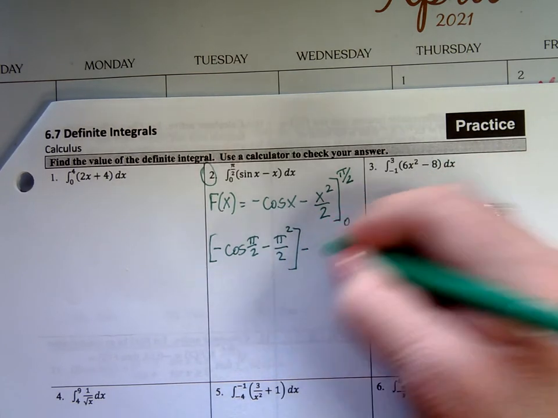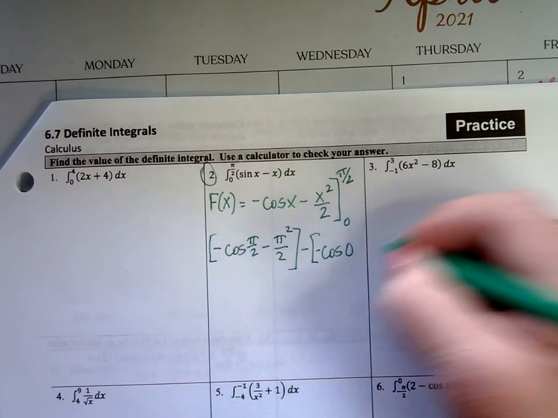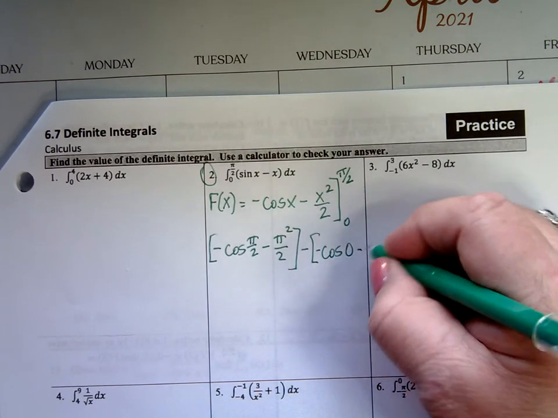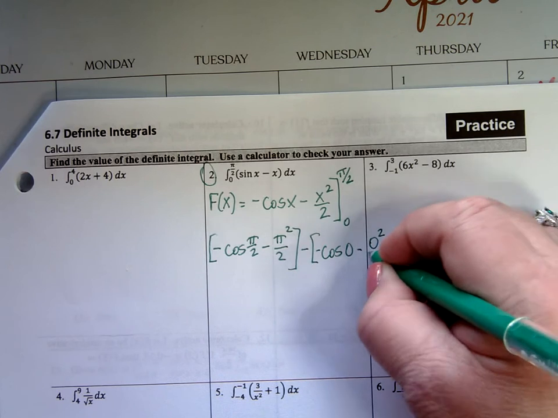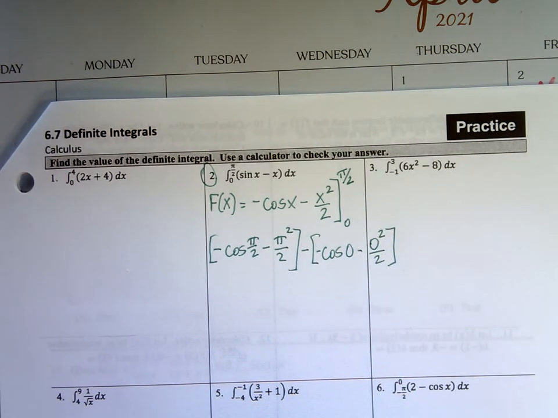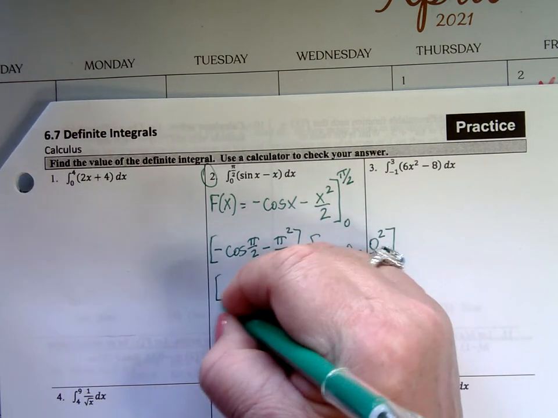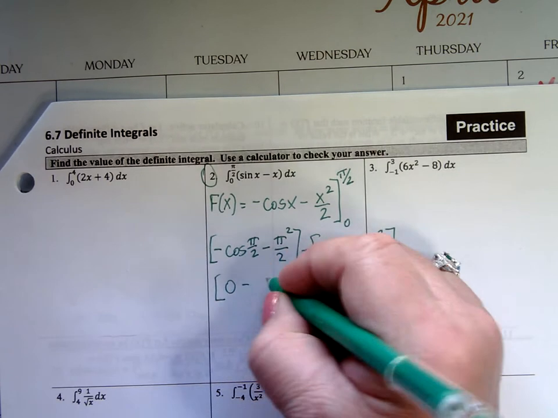So negative cosine of 0 minus 0 squared over 2. If I go cosine of pi over 2, again, I'm up at the top of the circle, so that's 0, 1. My x value is 0, so this becomes 0. Minus pi squared over 2, whatever that is.